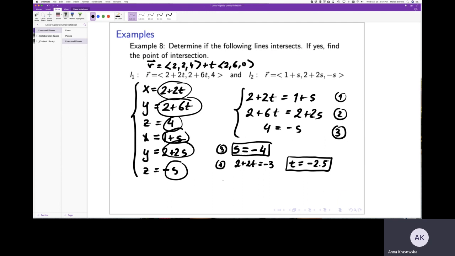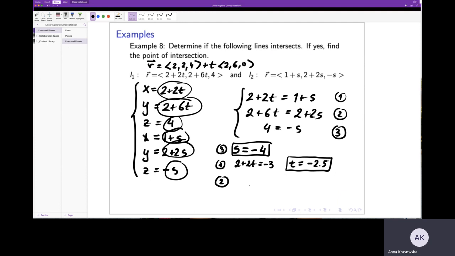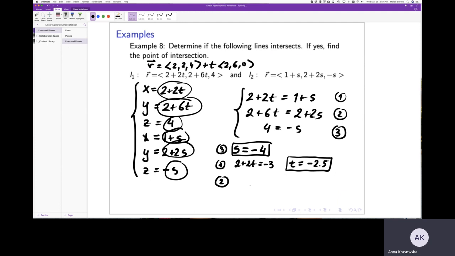Remember, you have to check the remaining, the second equation. If you were working by substitution, make sure that you do not ignore any equation. You have 2 plus 6 times -2.5 equal to 2 times -4, and you can see that the left side is not equal to the right-hand side, and therefore no solutions.